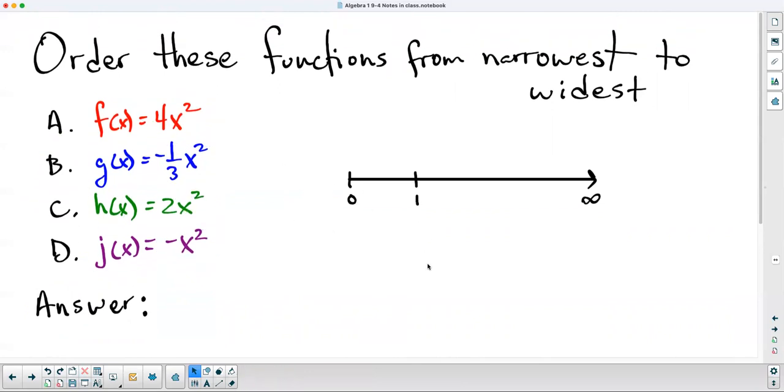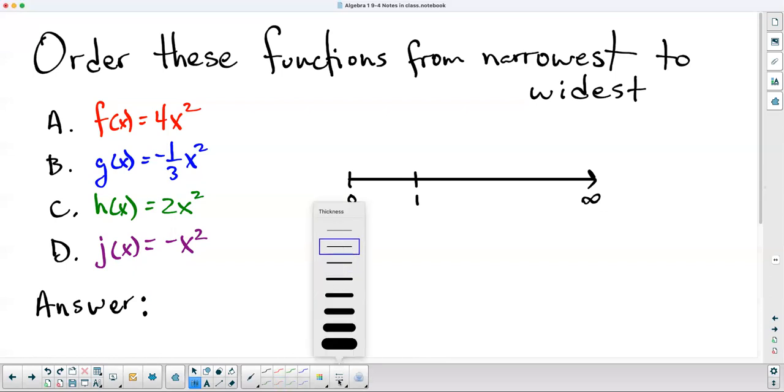Now, I made a little number line because I thought that might help you if I labeled that. And I could be totally wrong. If it's regular x squared, that's like 1 x squared. So 1 is what you compare everything to. So 1 is normal.